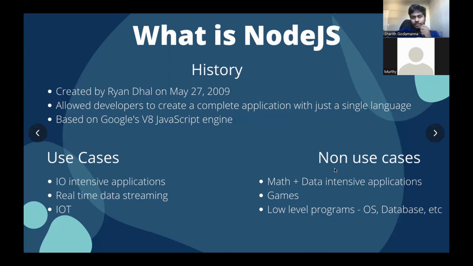Coming to that, a non-use case is math and data intensive apps, games, or low-level programs. I'll go over why this is the case in a bit, but the main reason is JavaScript is not as fast as most other languages, but it's not completely slow either. So if you want to do a game or an app that requires a lot of data, you might be better off with a language like Java or C++.